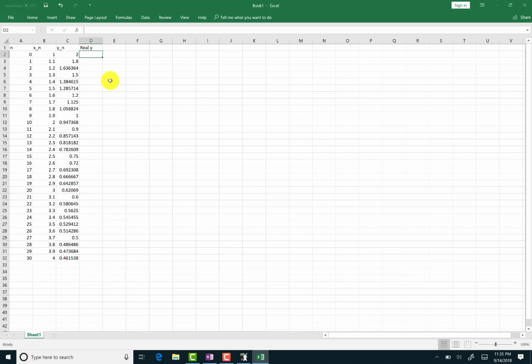And that's equal to 2 over x. So the first thing I'm going to do is equals, and I am going to do 2 divided by, the x is located in B2, enter. I get 2, of course, that's the starting value, and I'll copy and paste this all the way down.